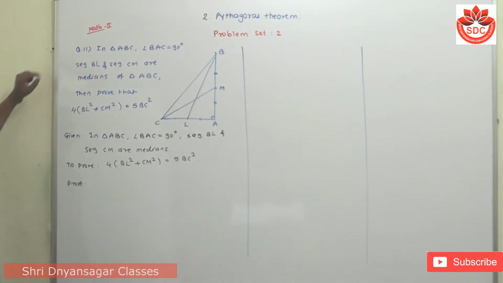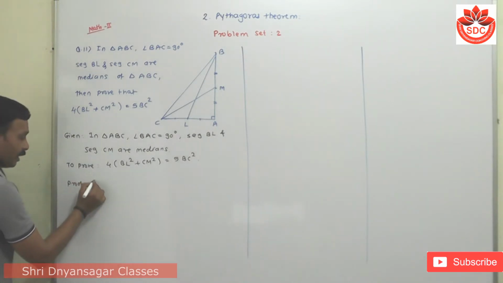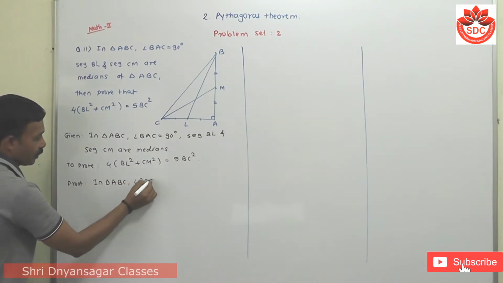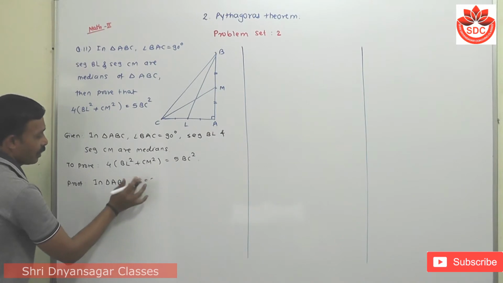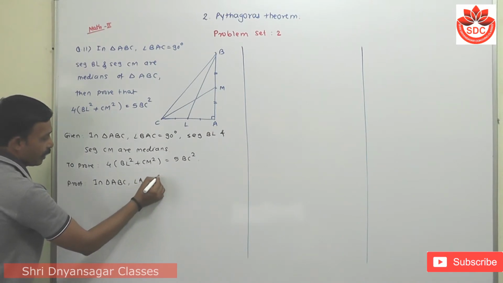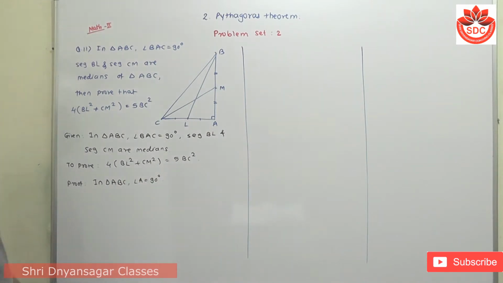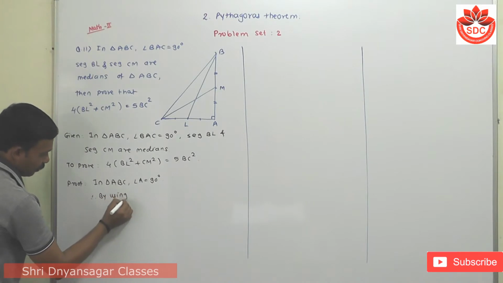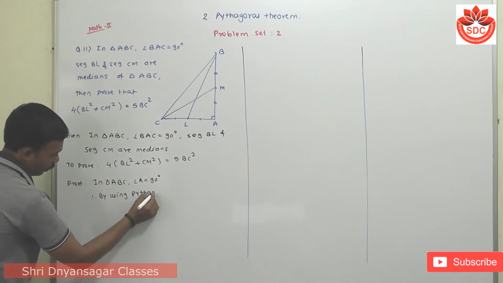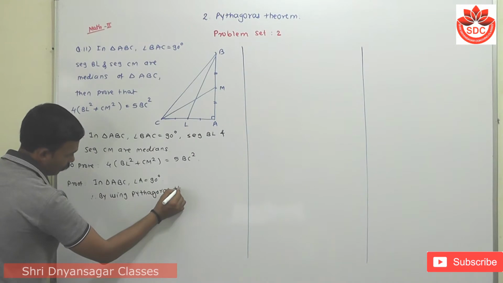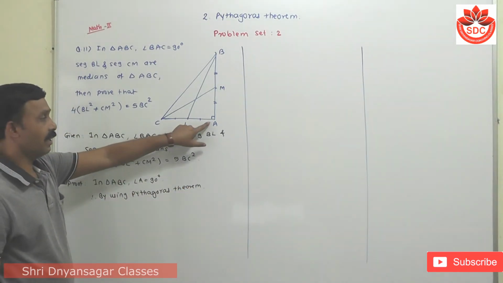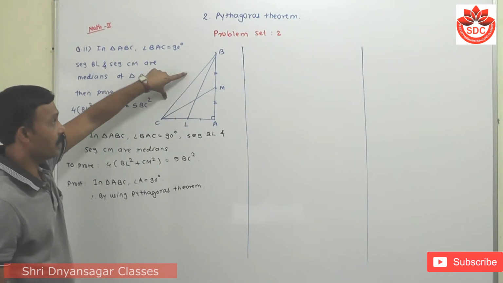Students, first I take triangle ABC. In triangle ABC, angle A is equal to how much? 90 degrees. This is the given. So by using the Pythagoras theorem, this is angle A, so the opposite side is the hypotenuse.